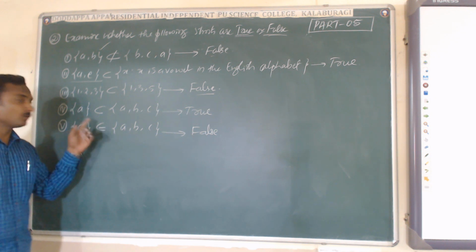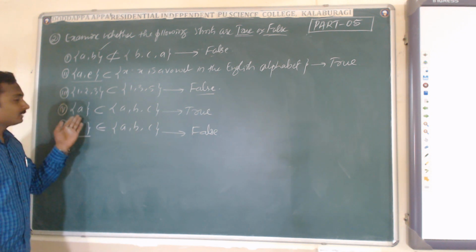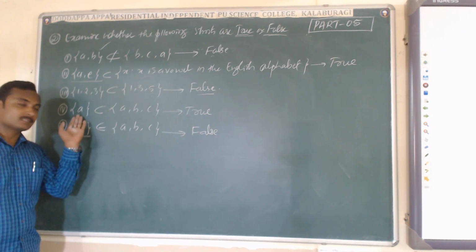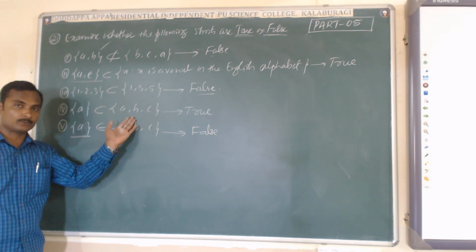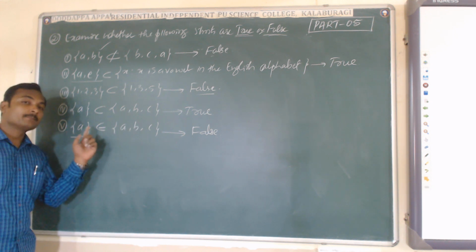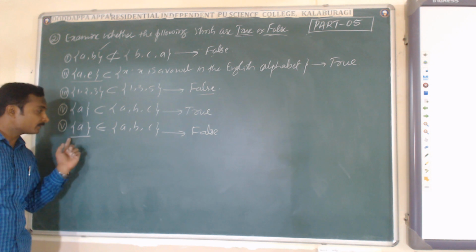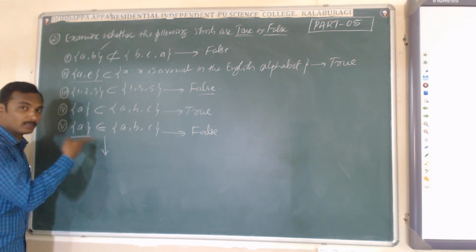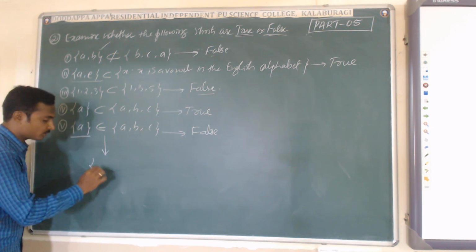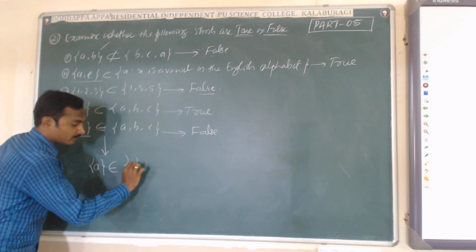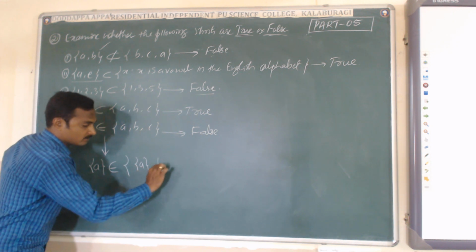The difference between the fourth and this fifth example is, this is a set A which is nothing but a set itself, which is a subset of this set, no doubt. But if the symbol belongs to comes, then what is the right answer? If the symbol is belongs to, then the set A must belong to the set which contains it like this.